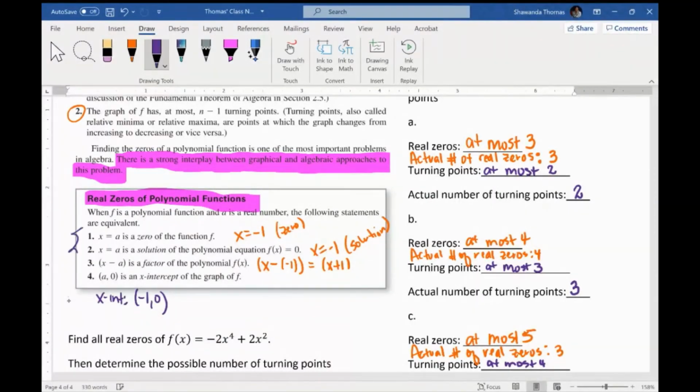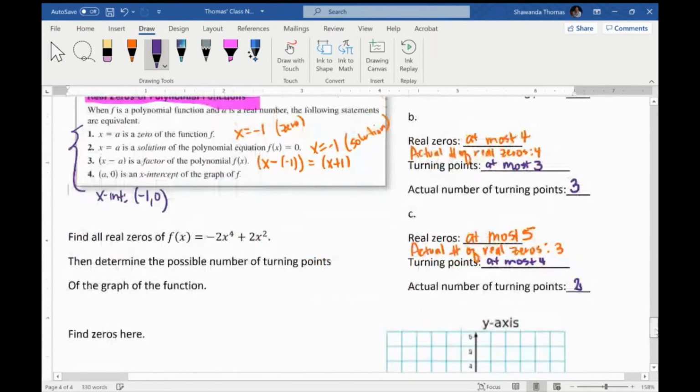All of these are equivalent to each other. So if I ask you for the zero or if I ask you for the solution, those are basically the same, and they are related to the factor and the x-intercept. All of them work together as one, really. So that's all that box is saying. They are all interplaying with each other.